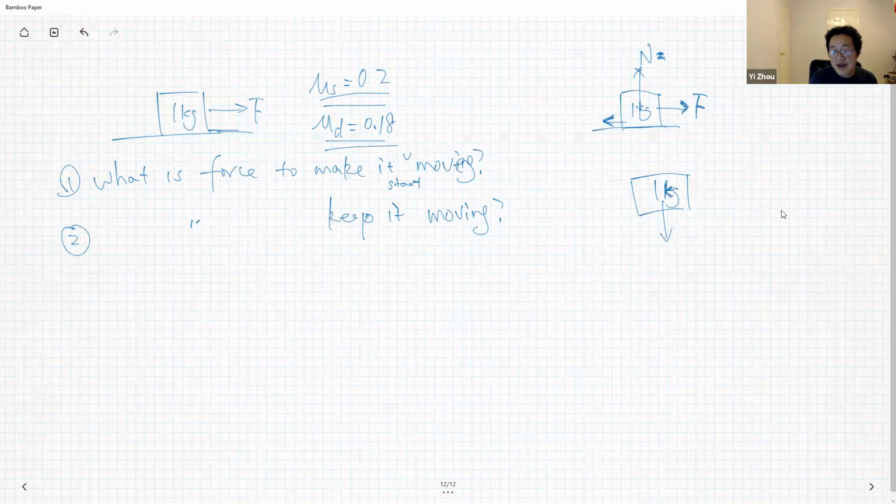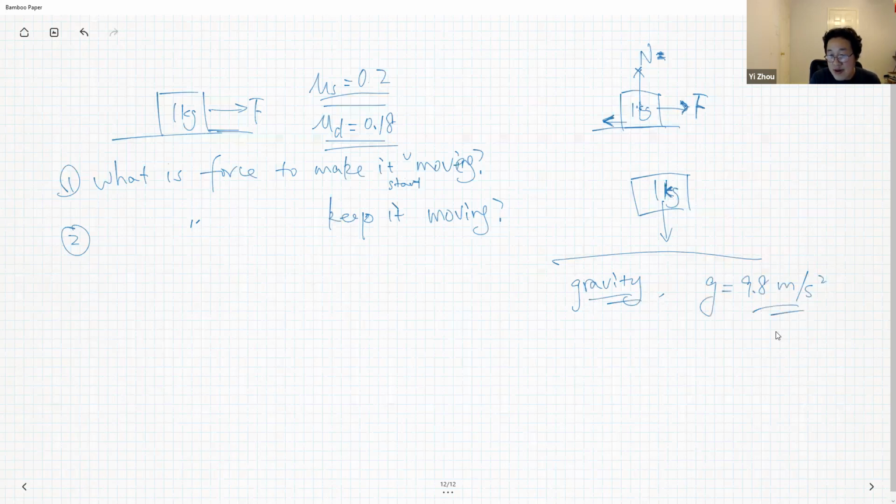So the thing is, how do I say that? Gravity is, yeah, let's restate that. Gravity. So everything on Earth will feel a gravity, right? And this force will be proportional to the mass of this object. So on the surface of Earth, we have this gravitational acceleration, 9.8 meters per second squared.